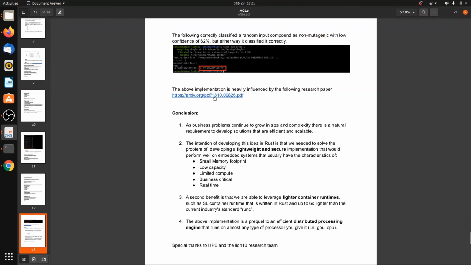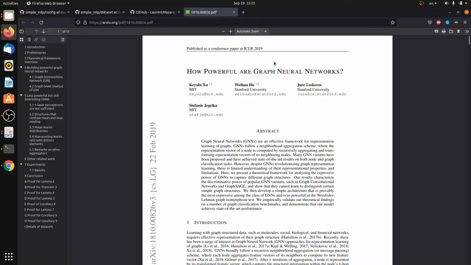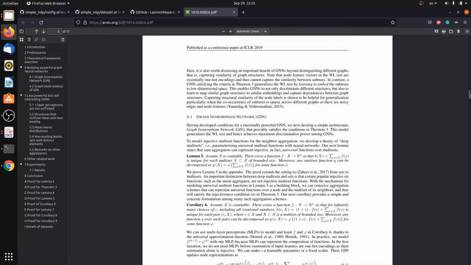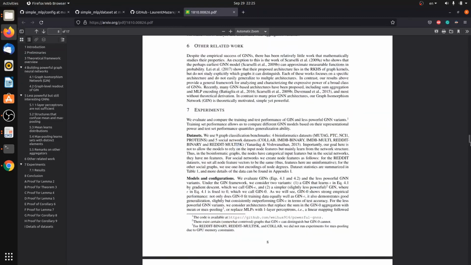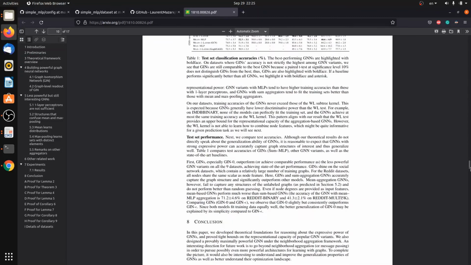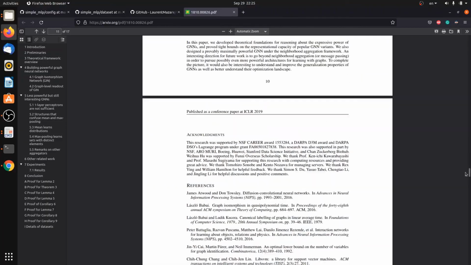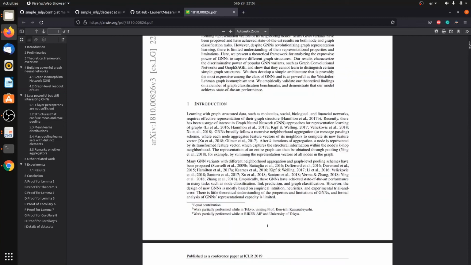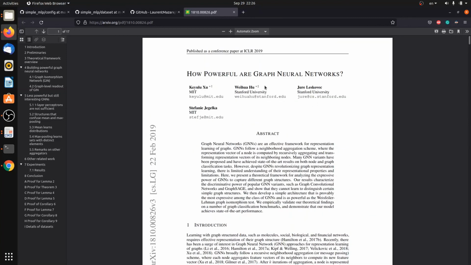It's really heavily based on this paper, which is a graph sort of formalization of graph neural networks. I'd encourage you to also read it. It's really good. I just thought it was pretty cool, so you should definitely go ahead and check it out.